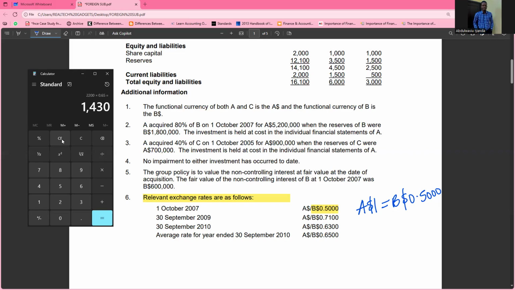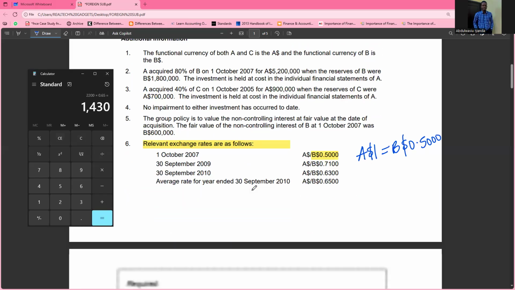So if someone has $1,000, by the time you convert it to naira, it will be higher than 1,000 naira. That's just it. So the first thing you need to do is determine the most valuable. Is naira more valuable, is the subsidiary more valuable, or is the parent more valuable? If that is the case, then it would determine your next action.